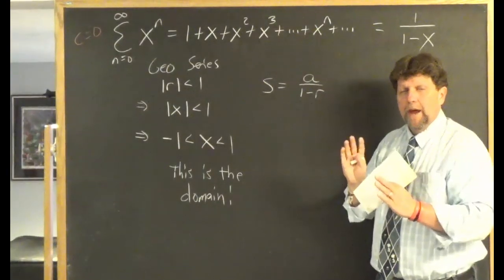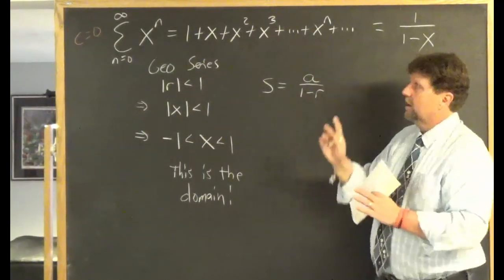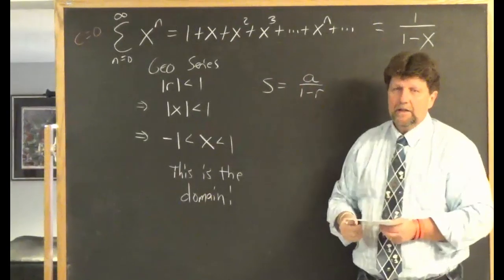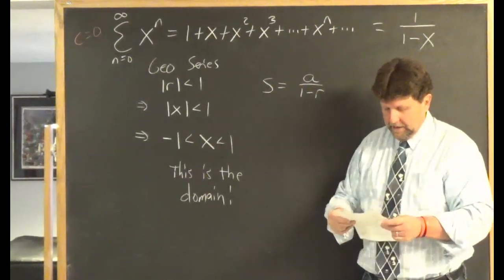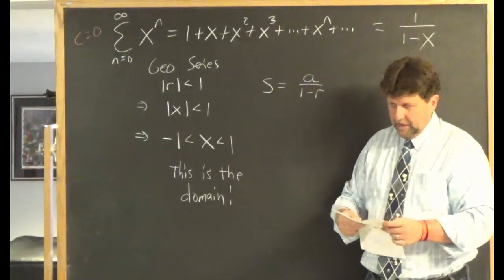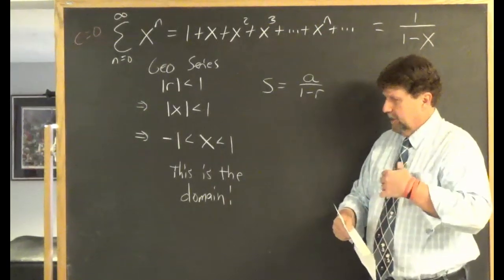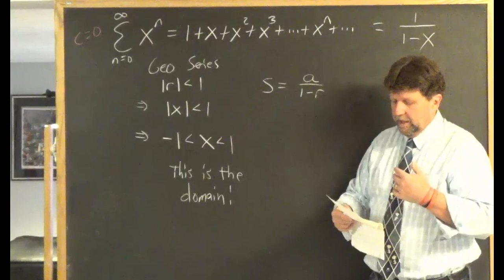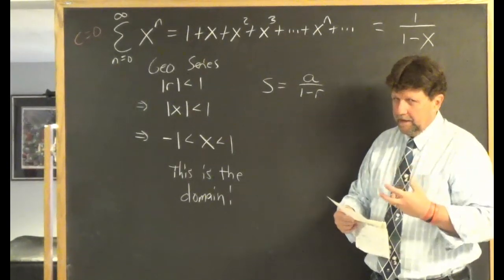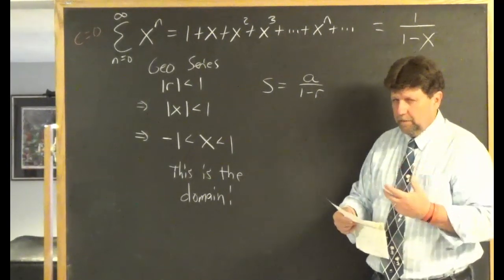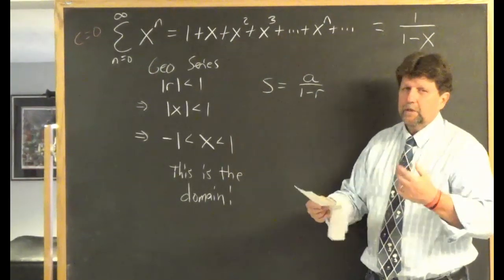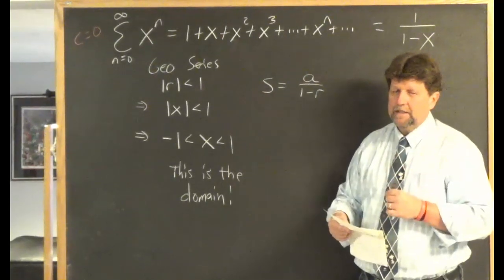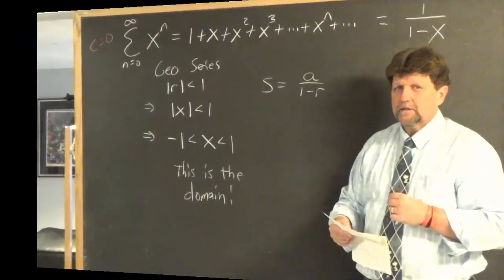For that domain, -1 to 1, they are exactly the same. That's kind of cool. And here's what we need to do now. We need to head back to the slide. I need to introduce a little bit of vocabulary, and so let's see what that's all about. So let's head back to the slides to see what's next.